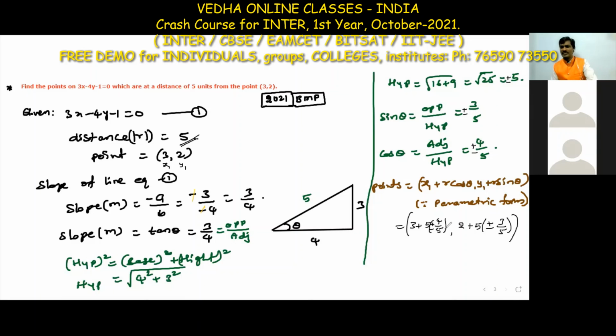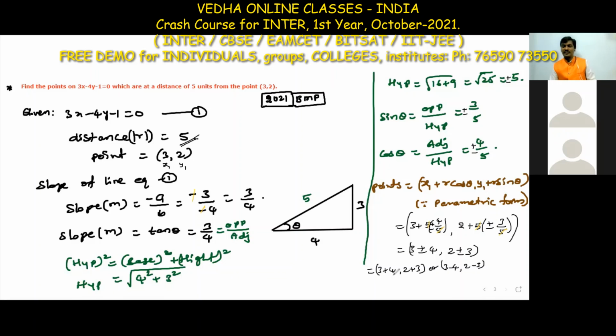So applying the plus or minus, this equals 3 plus or minus 4, comma, 2 plus or minus 3. Take one positive value and one negative value, so that is 3 plus 4, comma, 2 plus 3, or 3 minus 4, comma, 2 minus 3.